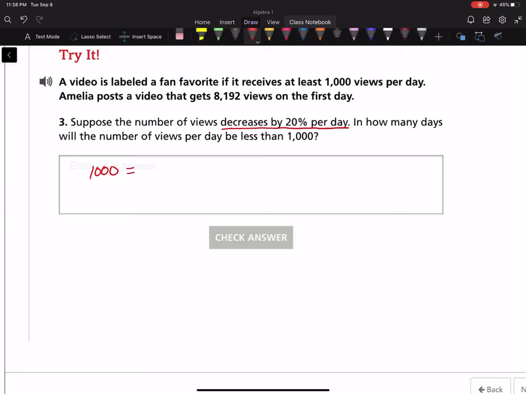So 1,000 is equal to, we start off with 8,192 times 1 minus 0.20 this time to the x power. So we're looking for where 1,000 equals 8,192 times 0.8 to the x power.